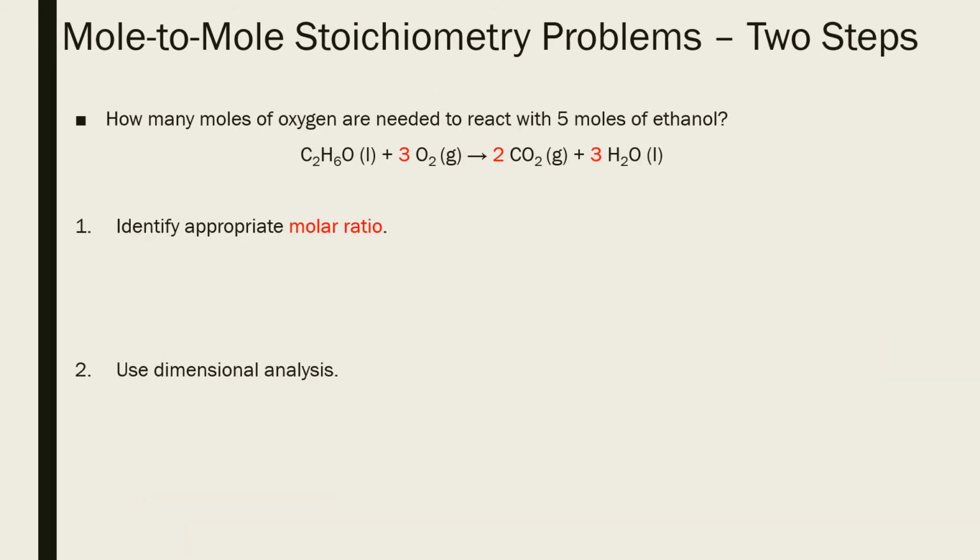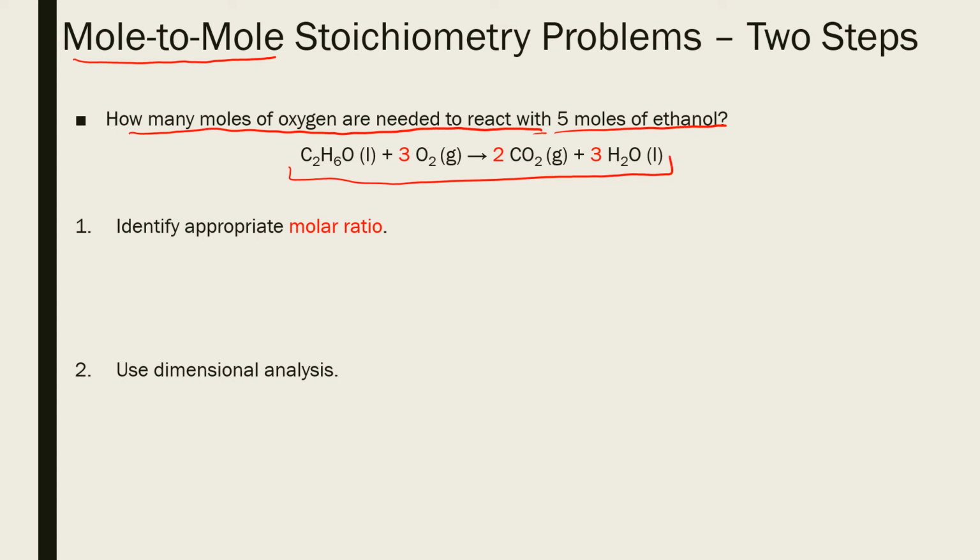Now let's see how we apply the mole to mole relationship between reactants and products to calculate the amount of any other substance. For example, you may see a problem: how many moles of oxygen are needed to react with 5 moles of ethanol, and the balanced equation is already given to us.